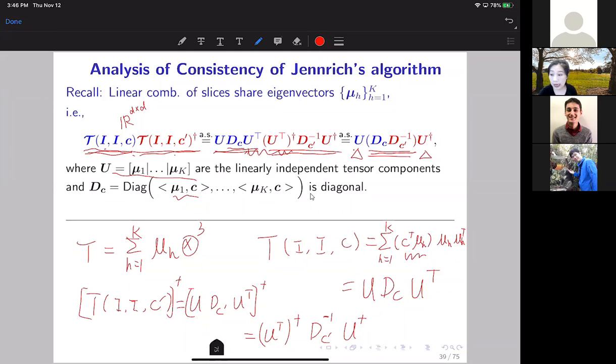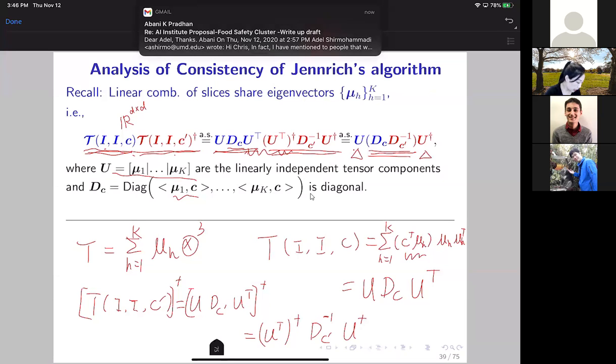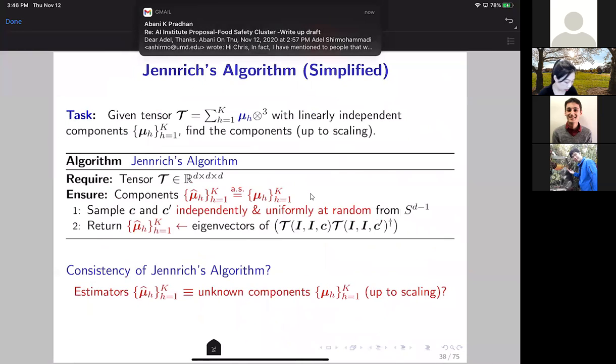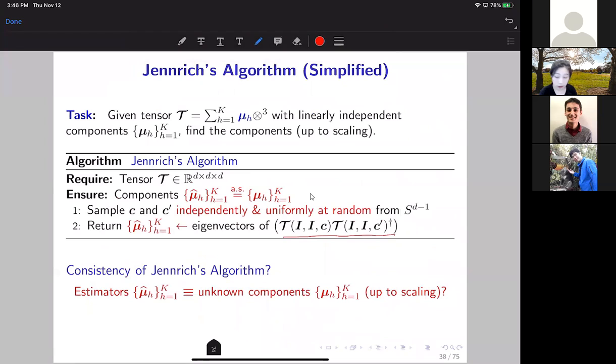Okay, so this is exactly an eigen decomposition. As you might recall, in the first lecture of this course, we said this is an eigen decomposition, right? So if you return the eigenvectors of this matrix, it would be your mu h hat, an estimation of these mu h's, and it is actually consistent.